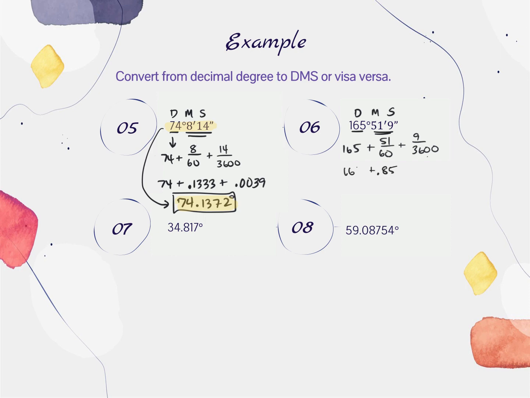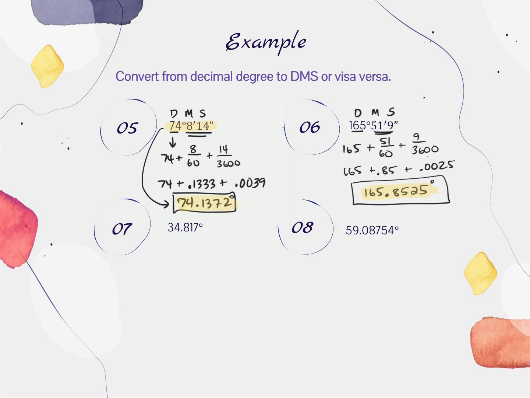And then 9 divided by 3,600, and you're going to get 0.0025. And then you're going to add those together. So 0.85 plus 165 plus 0.0025, and you get 165.8525. And that's your answer. And again, because you're converting to degrees, there's your degree symbol. Okay, and so that's the answer to convert.